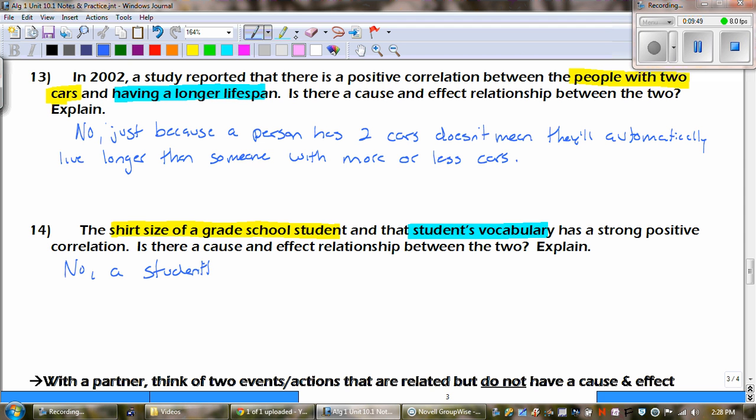A student's shirt size doesn't cause their vocabulary to increase.